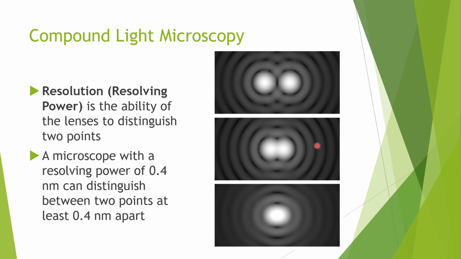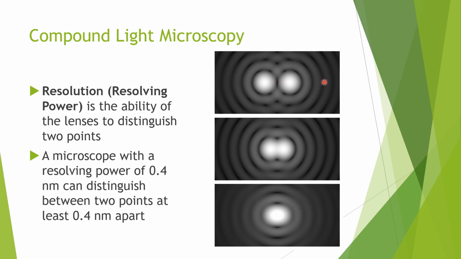If you use a microscope that has a better resolving power, you see how you're starting to see two separate circles? And then right here, that's even better. This top one is actually the best, because with this microscope you are able to see that you have two separate circles.